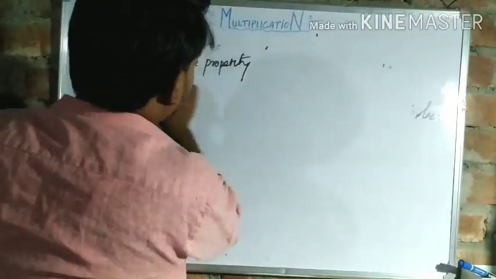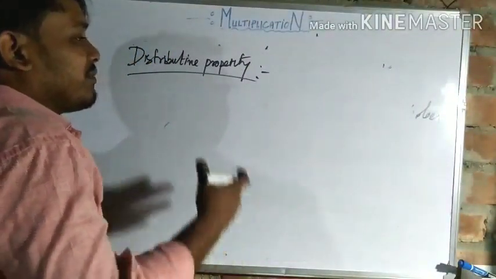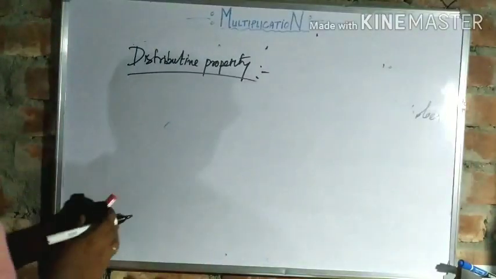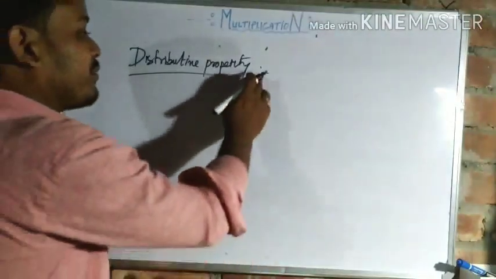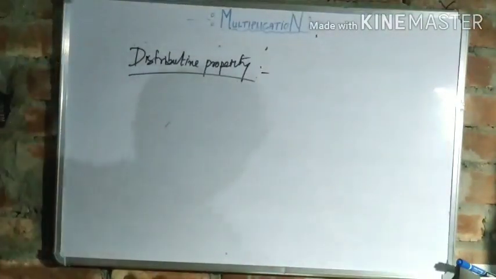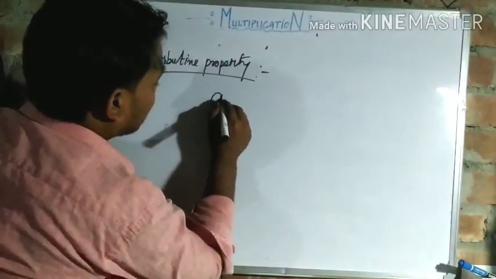It is generally for class 4. So if you are a class 3 student and you have a problem or can't understand the property clearly, then no problem. So what is the distributive property?